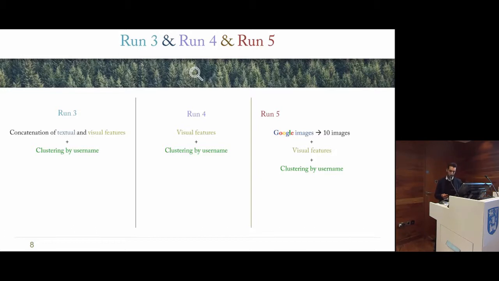In the fifth round, we used the Google image search engine to download 10 images that match the query. Then we use these 10 images to replace the top 3 images of round 4. Our aim is to build a better visual representation of the query in order to show the efficiency of the proposed pipeline.